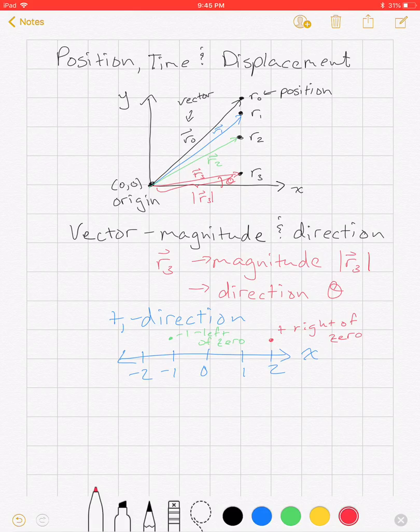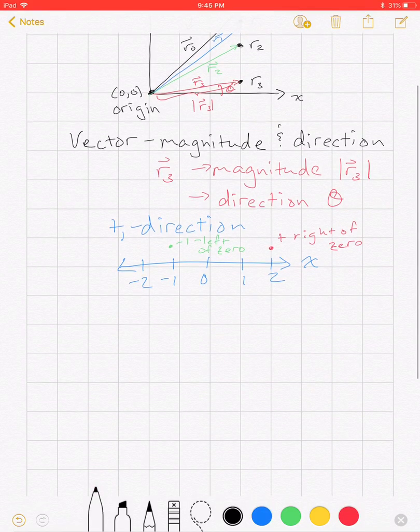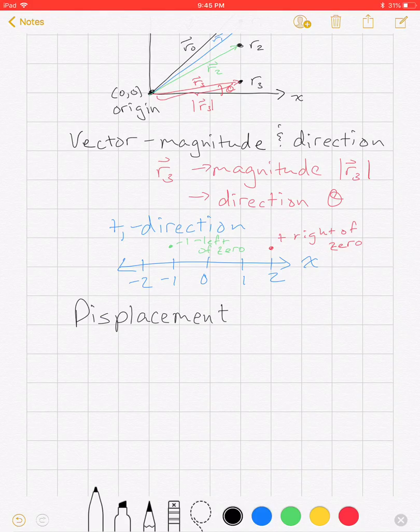Now let's talk about displacement. If we initially say this is our origin again, and we go here, R0, and this is our R0 vector, and we want to go to R1.